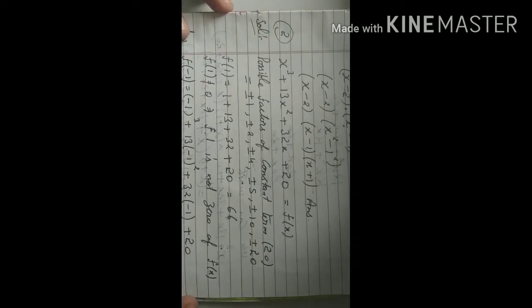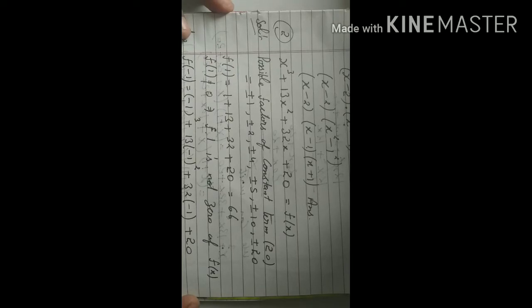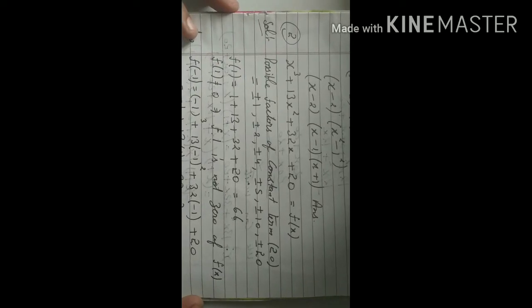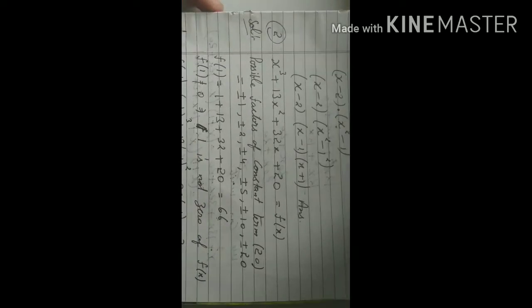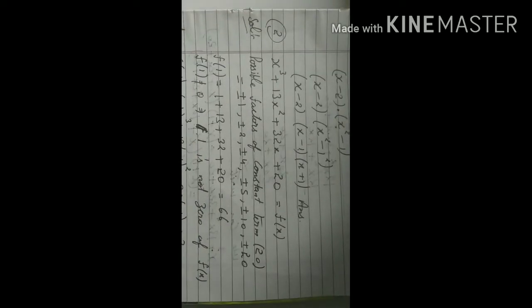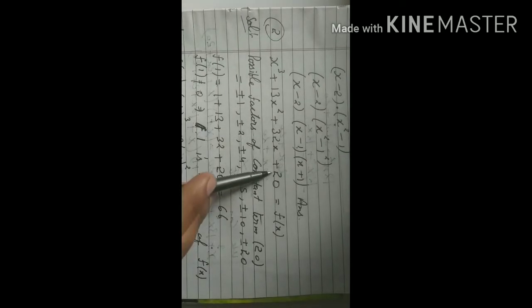So for solving this type of sum, the method is, firstly we find the possible factors of the constant term of the polynomial. We have 20 as the constant term, because there is no x with 20.